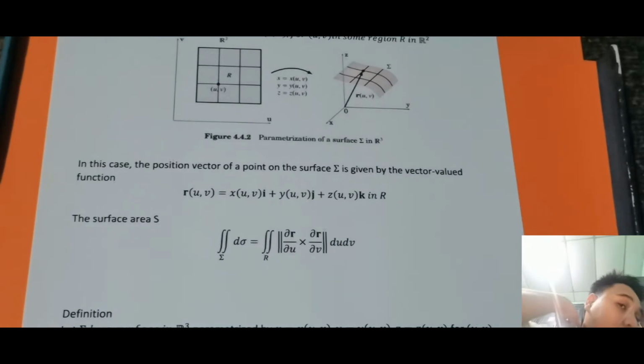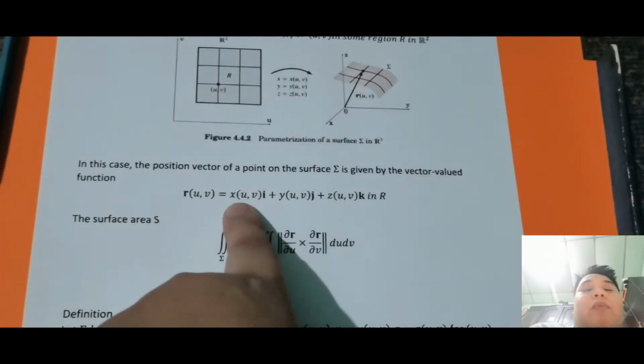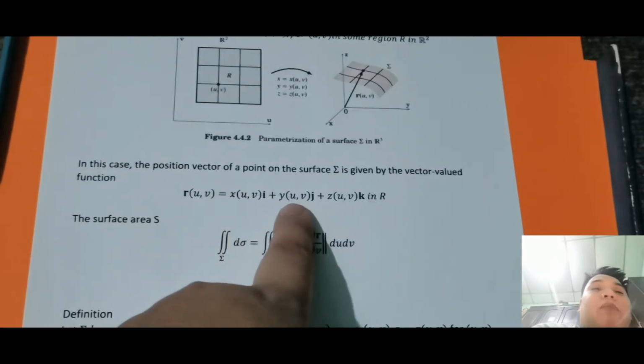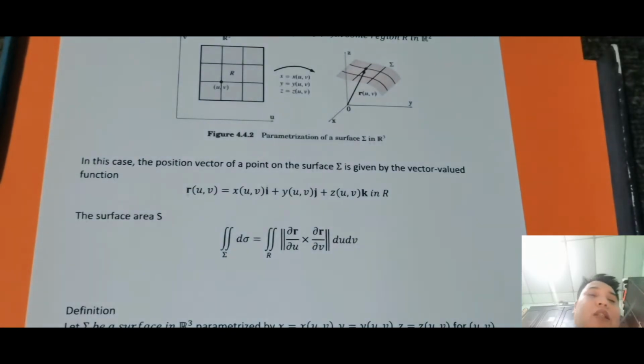Sir, pwede po magpalit? Hindi. Yan yung sinusunod natin na formula for now. So that is du db. Ano nakalagay sa loob? Ang nakalagay sa loob is the magnitude. Kung naalala mo paano computein yung magnitude, that is simply the square root of the sum of squares: x of u, b squared plus y of u, b squared plus z of u, b squared. Ayun yung ating magnitude.